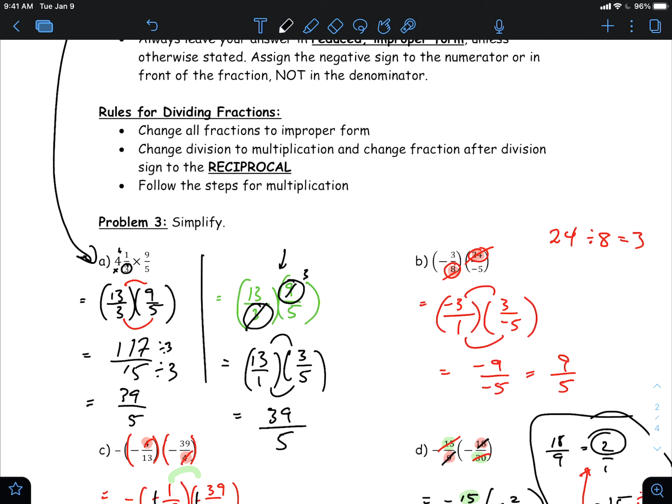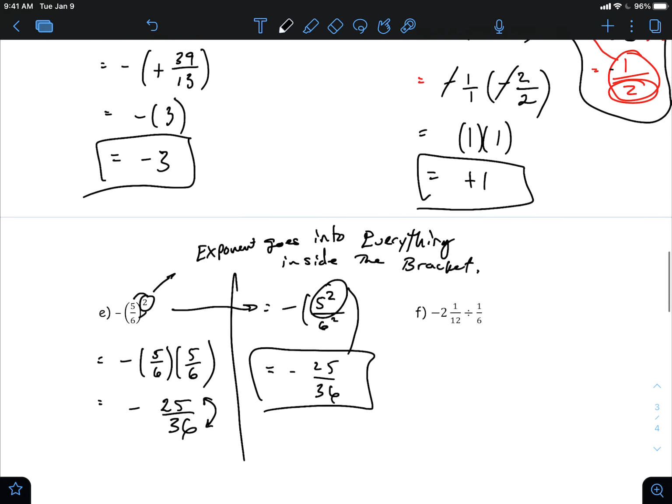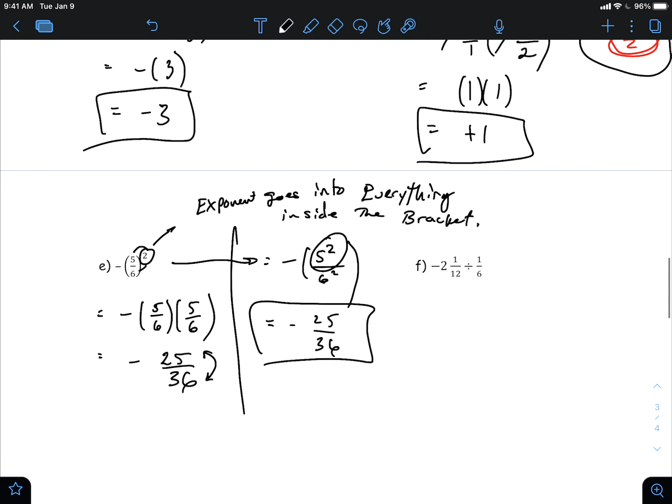This is particularly useful when you have fractions inside of fractions, which you'll see later in your career. So let's start with the first bullet point and switch this mixed fraction into an improper fraction. 12 times negative 2 would be negative 24, plus the 1, over 12.